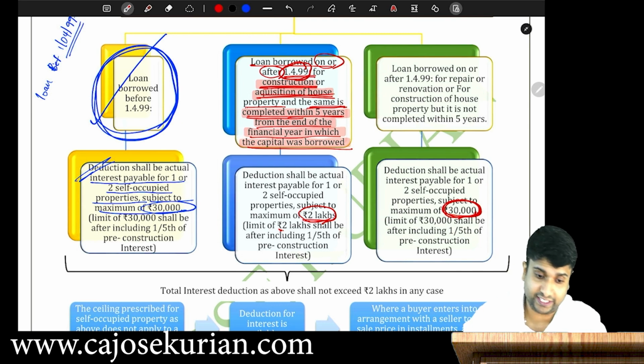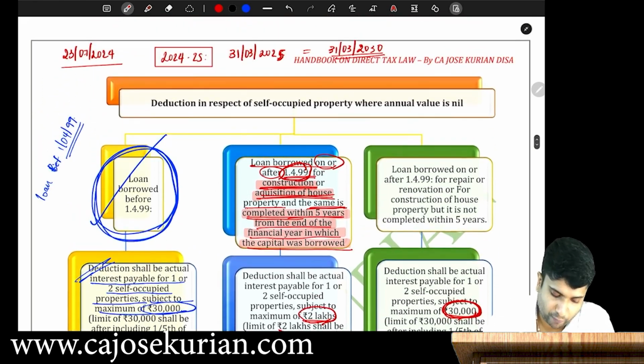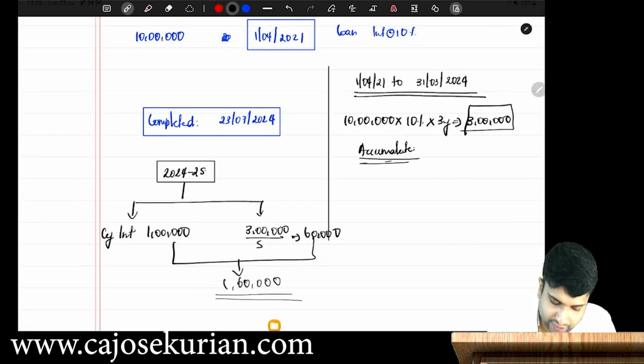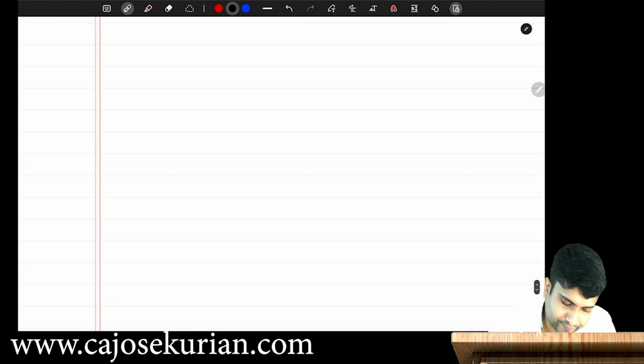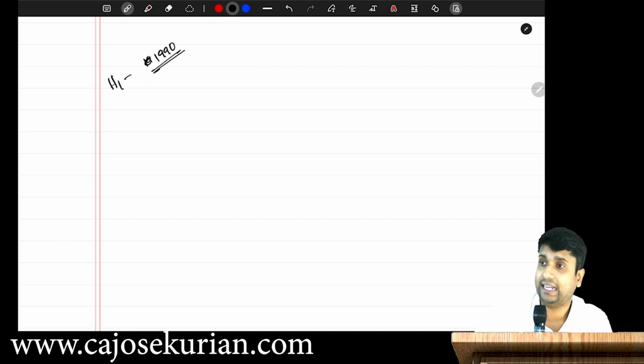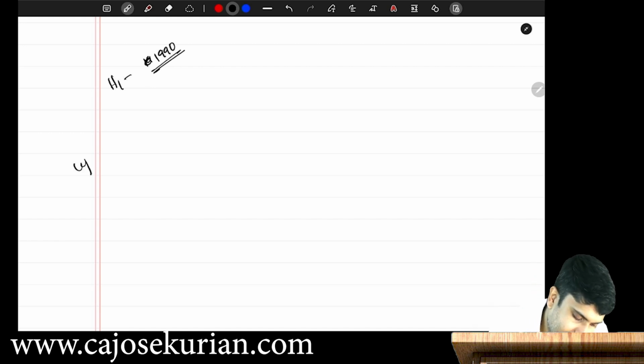Now let me create a scenario. Say I have a house where I took a loan before 1999. Say I took a loan in 1990, and the current year interest is, say, 40,000. I have another house.